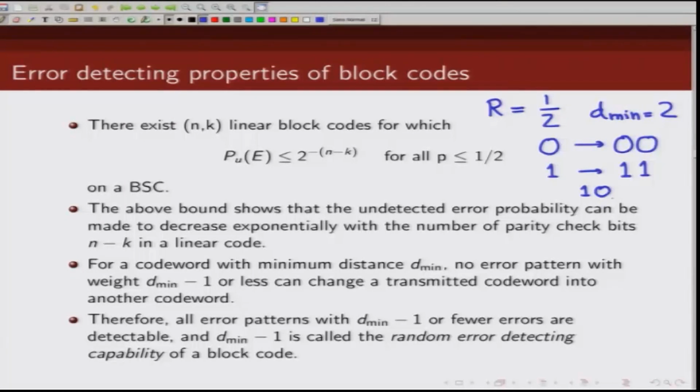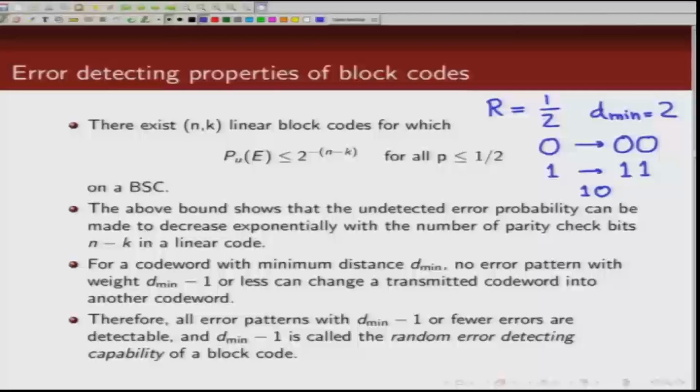Yes, we can, because since it is a rate 1/2 repetition code, what we expect is to receive either 0 0 or 1 1 if we transmit this code word over a binary symmetric channel. But what we have received is 1 0, which is neither 0 0 nor 1 1.